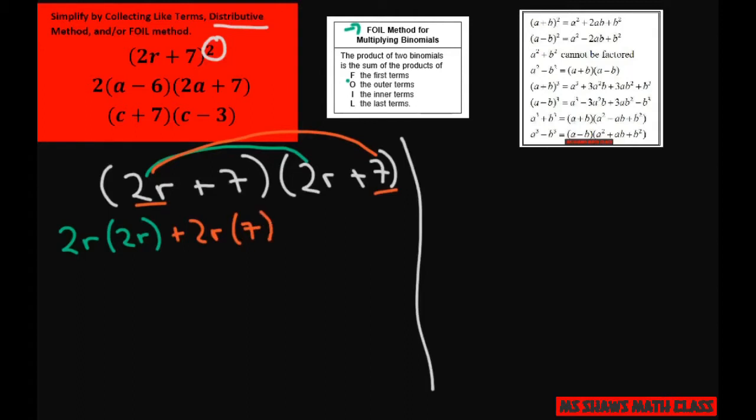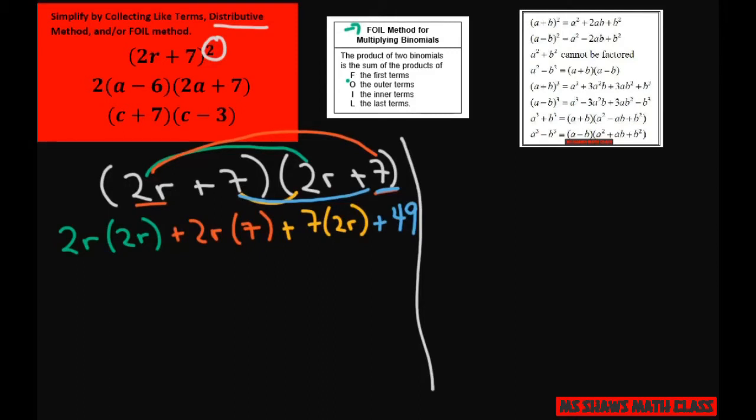The inner terms are here. So that's going to be the two closest to each other, 7 times 2r. And then your last terms are the two last in the parentheses. So that's going to be 7 times 7. I'll just put 49. All right.